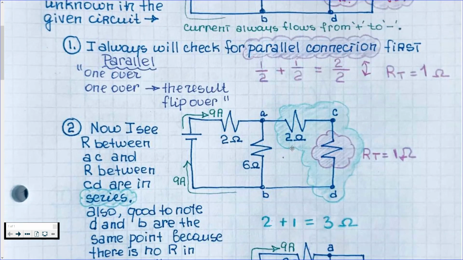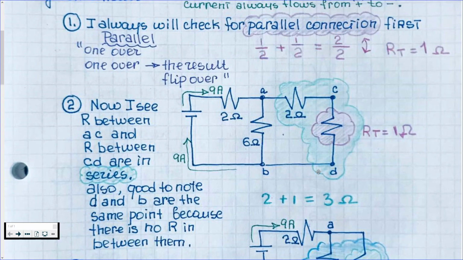I see now that this 2 ohm resistor and this 1 ohm resistor are in series, because the current that is going to go this way is exactly the same current that is going to pass through this new resistor. So R between A and C and R between C and D are in series.